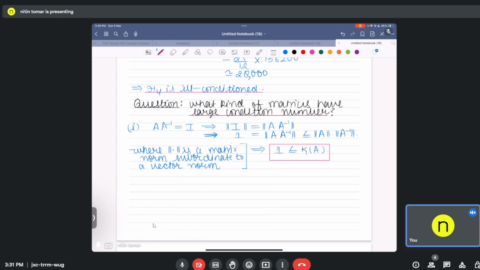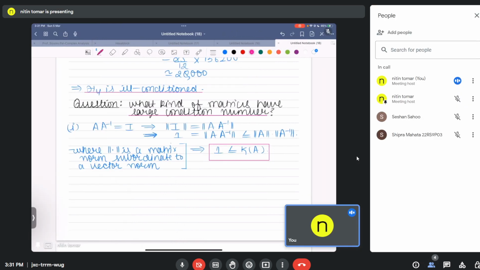So what should that smallest number be? One. Exactly. If the condition number is 1, then we are in the most idealistic situation, in the sense that everything will be well conditioned. The relative error in the solution will be small when the right hand side vector in the system of equations is perturbed. So this condition number represents something that you should learn, not just the formula.